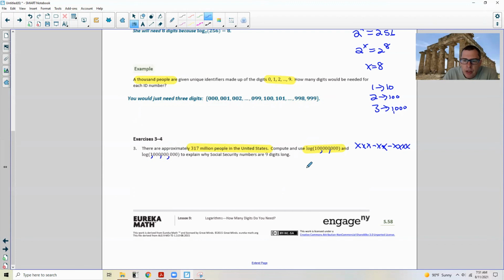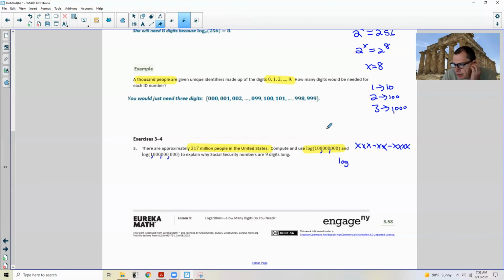digits long. So what they're saying is if I say the log base 2 of 100 million, actually it's not base 2.